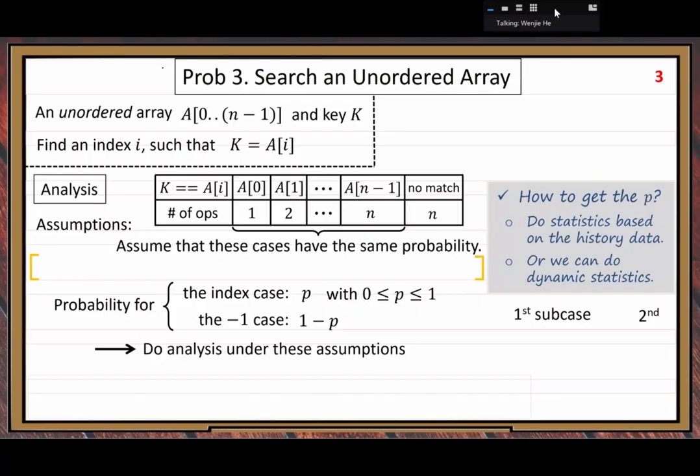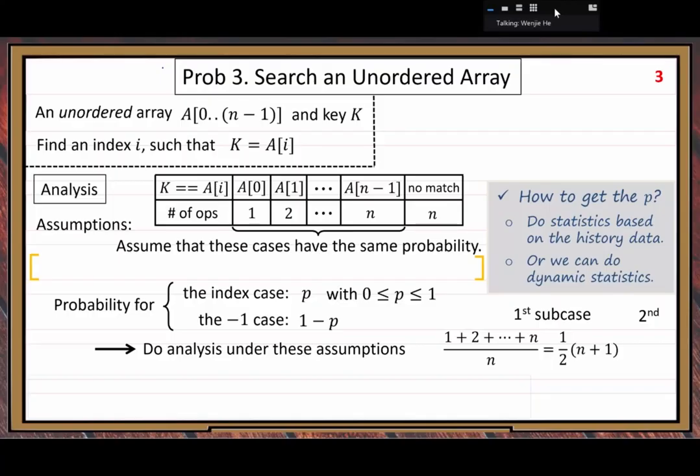You can only give me one number, but that one number should cover all these n cases in a fair way. That's the average number. When you take the average, that's a fair way. Average of n numbers.